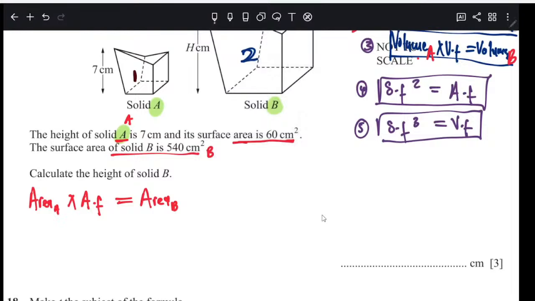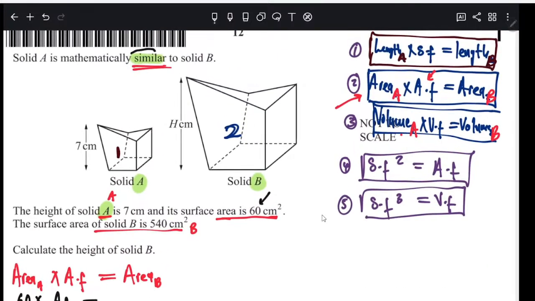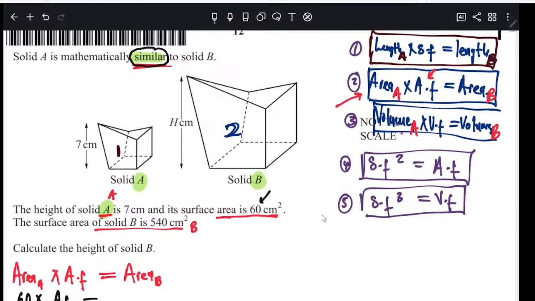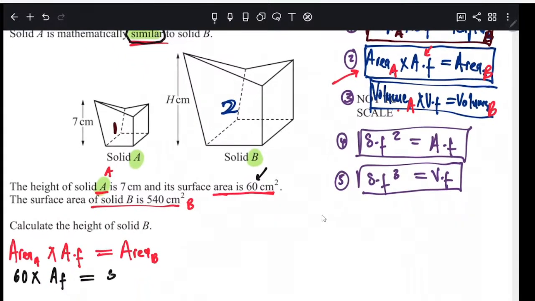A is area 60. So 60 times area factor, we don't know it, is equal to area of B. Why are we doing this? Because we saw the word similar. Area of B, what is it? 540 centimeters squared. Here you can put, this is 60 centimeters squared.